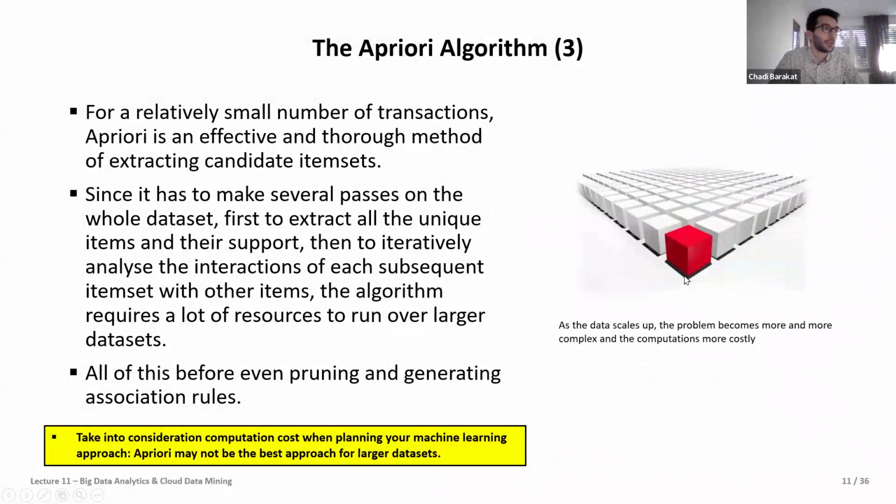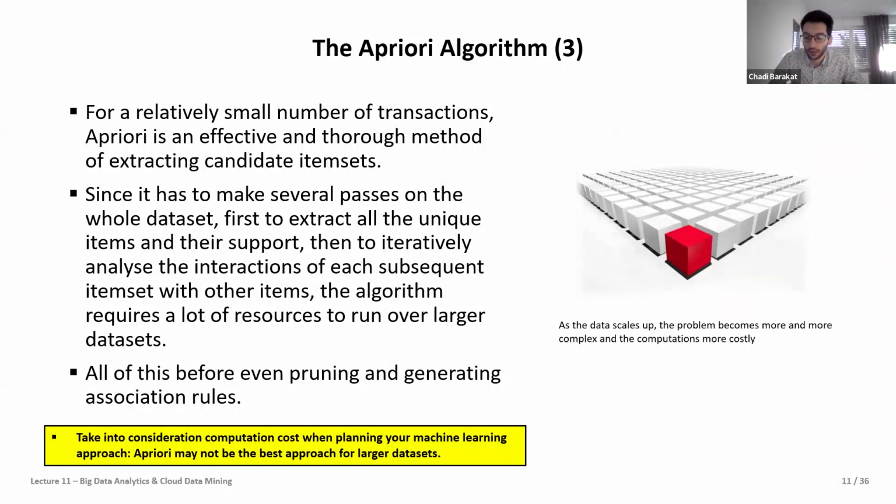So, like I said before, Apriori doesn't scale up very well. It's mostly because of all of these recursive passes through the data. For a relatively small number of transactions, this is feasible.